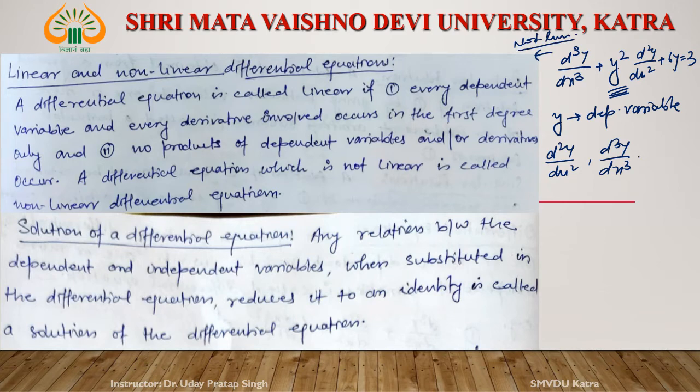Suppose the power of the dependent variable is 1 in the differential equation. Is it linear now? No, again it is not linear. Why? Because the second condition failed. What is the second condition?